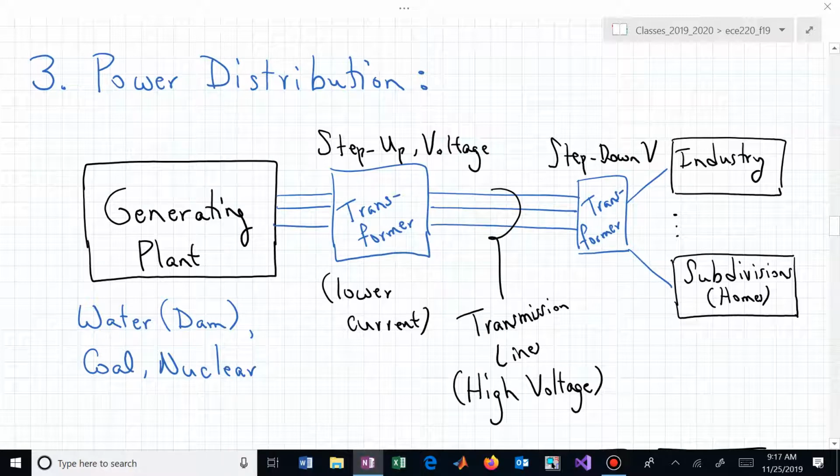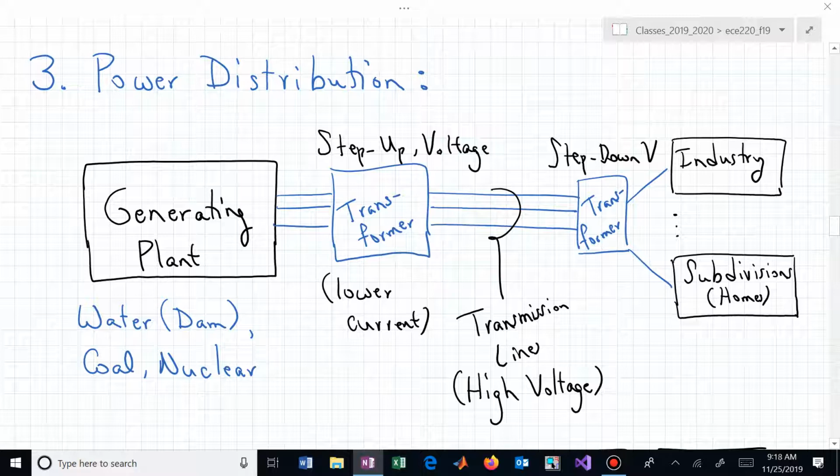You're trying to minimize losses, and losses are I squared R. So if you can reduce I, you can potentially reduce the losses of that power during the transmission process.